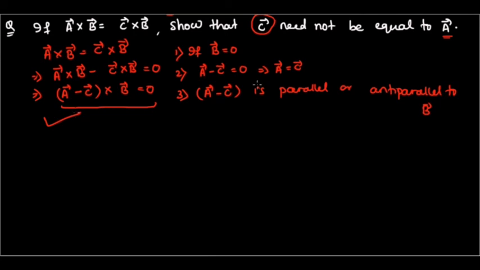It means if we are getting this type of situation, it does not mean that A vector must be equal to C vector every time. Yes, maybe sometimes A vector may be equal to C vector, but in order to satisfy this equation, this is not the compulsory condition. So in this way you can prove this question.